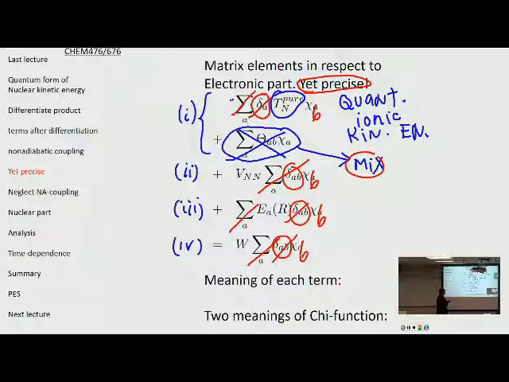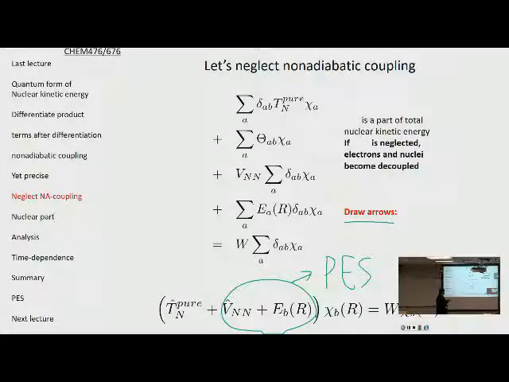So what do we get if we complete this convolution? You get three terms: pure kinetic energy, nuclear repulsion, and the eigenstate of the electronic Schrödinger equation, which parametrically depends on the position of the ions, acting on the unknown nuclear wave function.